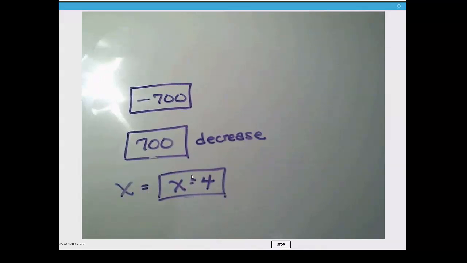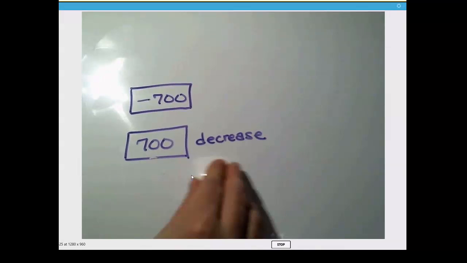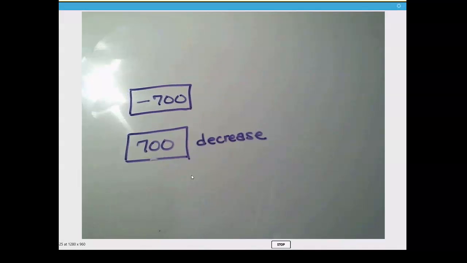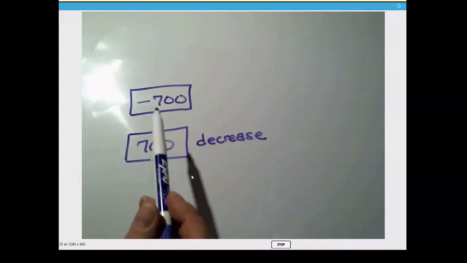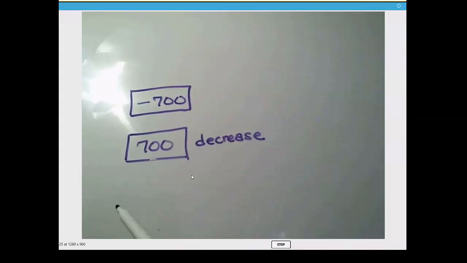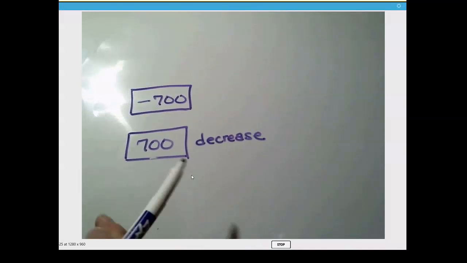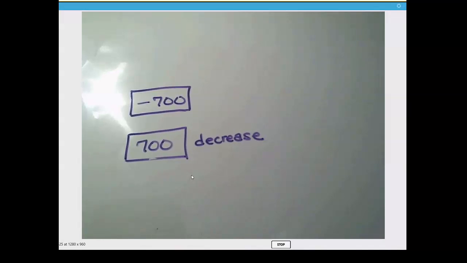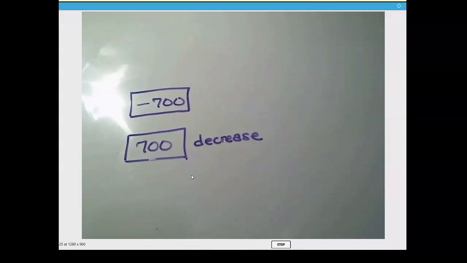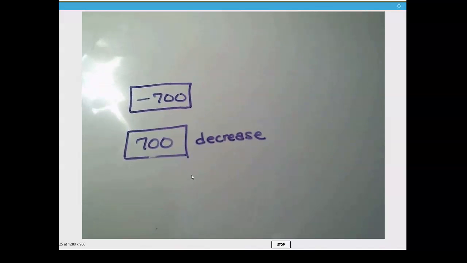Now, I will say this. If you know you were right, you went back and you reviewed it, and you know you were right, you just weren't sure what they wanted you to type, send me a quick email and tell me, hey, I'm pretty sure I did this correctly. Can you take a look? And I can go in and look at it. If it actually is right, I can bypass that and give you credit.